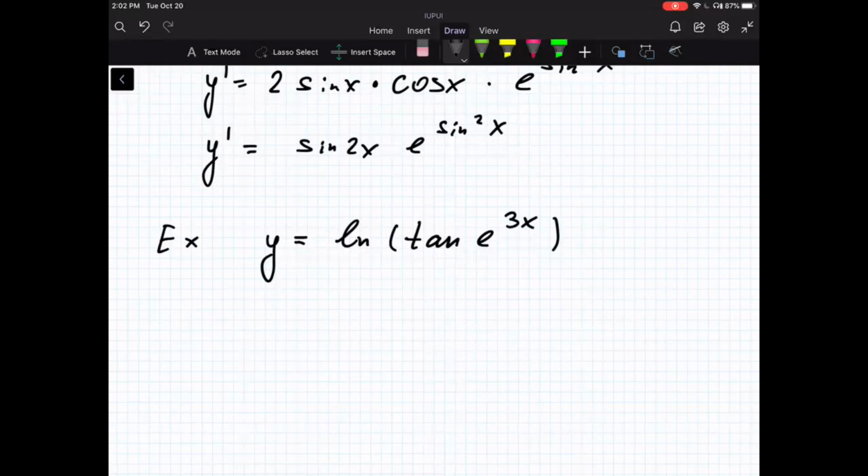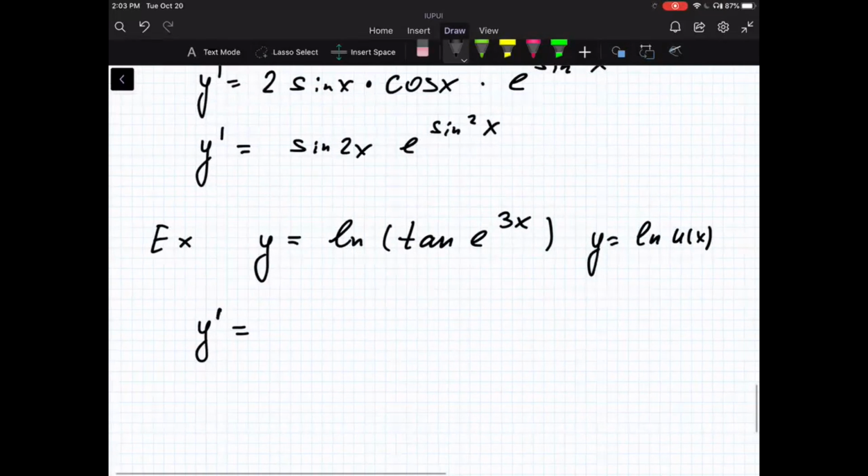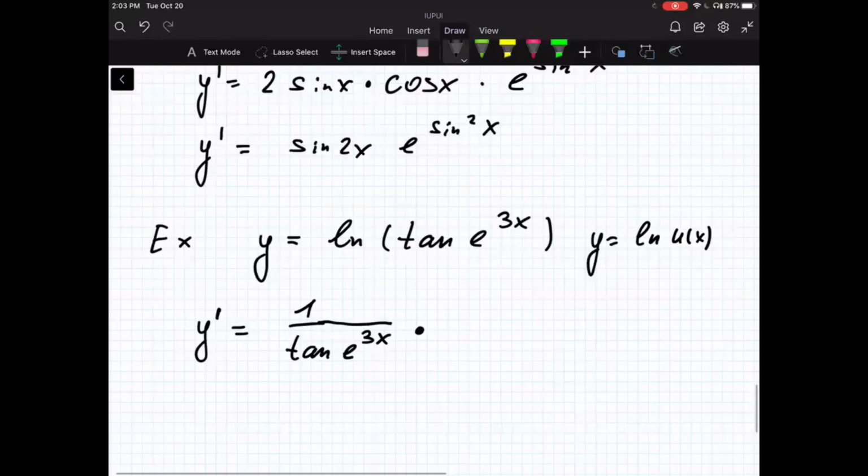So the formula is easier for this one. So I have y is the logarithm of some function u of x, natural logarithm, and the derivative thus will be 1 over u of x, which is tangent of that exponential, times the derivative of that u.